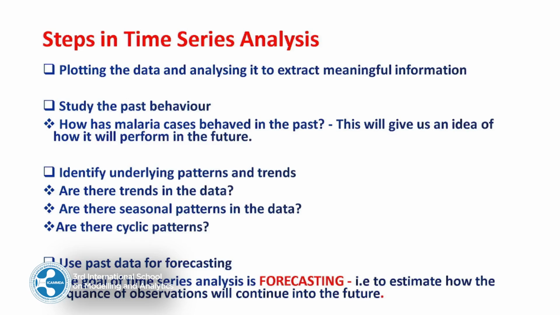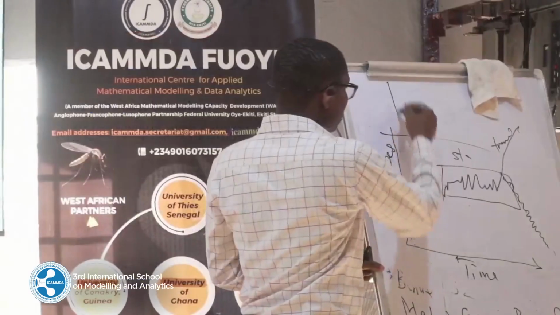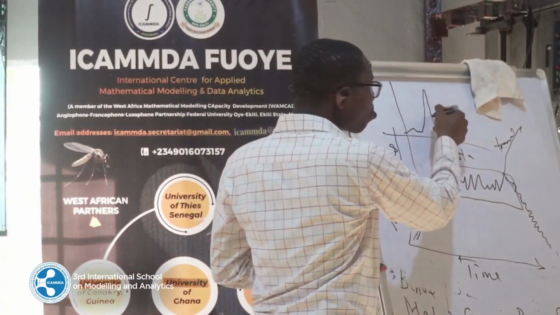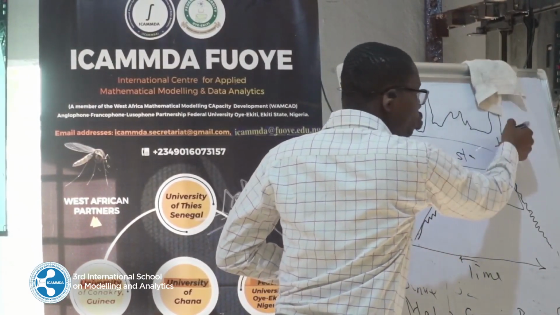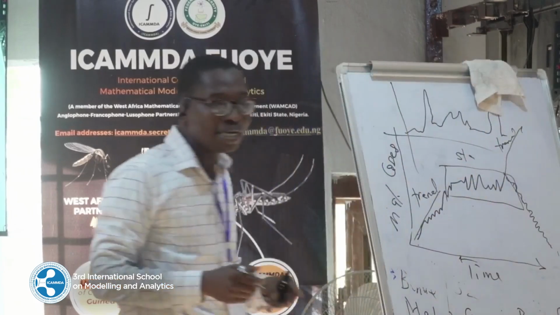For instance, if you plot the graph of sales of chicken, you will see that the sales of chicken will peak at a particular point. Which month? Easter and December. You will see that it will jump up maybe during Easter, and then December again, yearly like that.